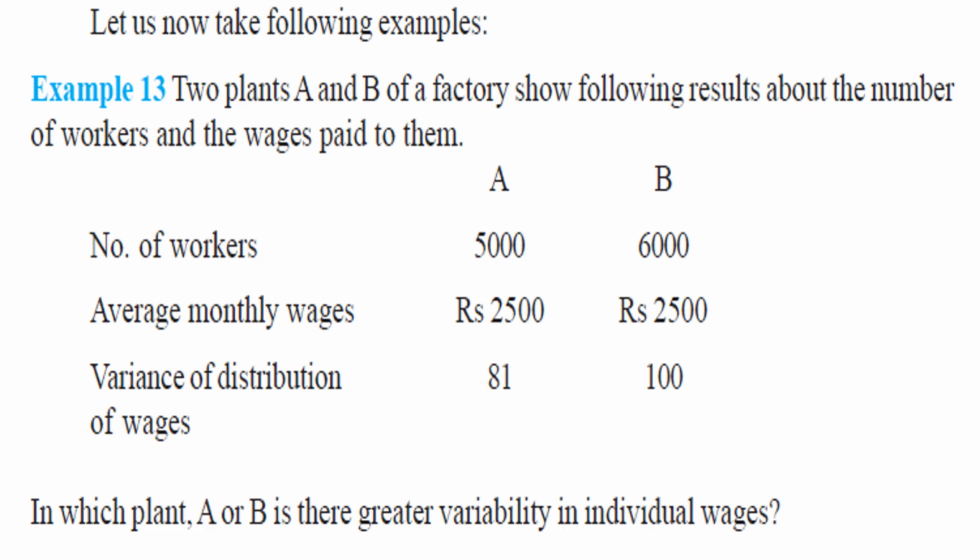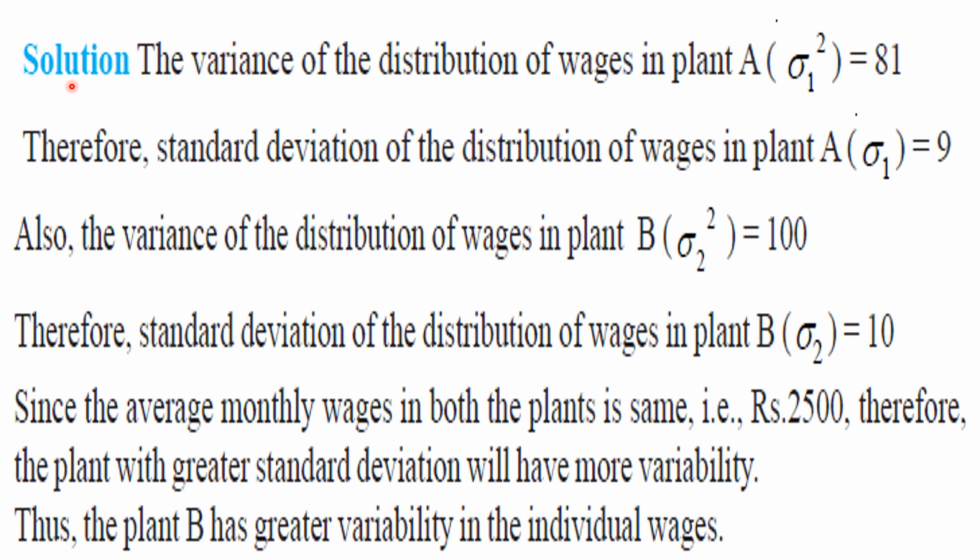Now come to the solution part. The variance of the distribution of wages in plant A, that is sigma 1 square, is equal to 81. Therefore, standard deviation of the distribution of wages in plant A, that is sigma 1, is equal to 9, the square root of 81.